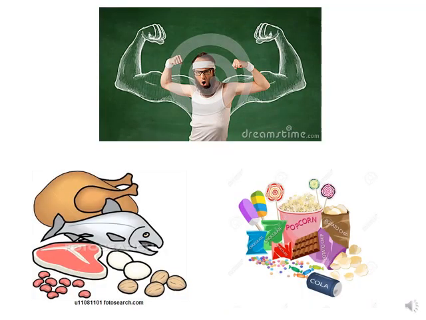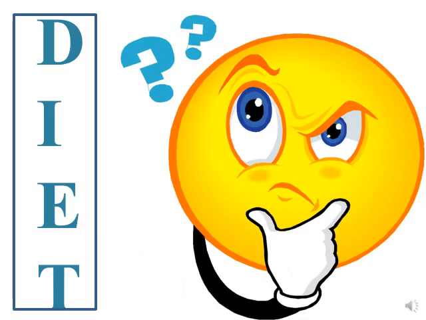Here, in order to get muscle, this man has to eat healthy food with a high amount of protein, including eggs, fish, meat, chicken, and others. And this man should avoid as much as he can junk food: potato chips, popcorn, cola, chocolate, and others. Okay, so let's start.